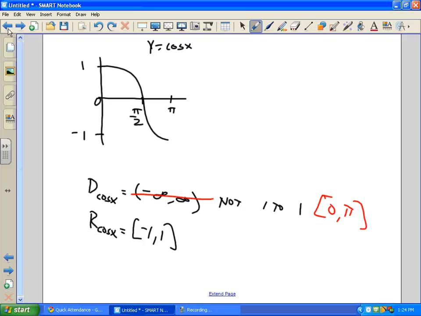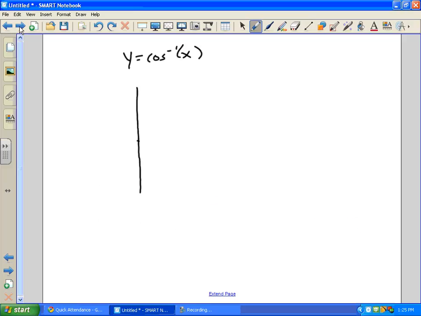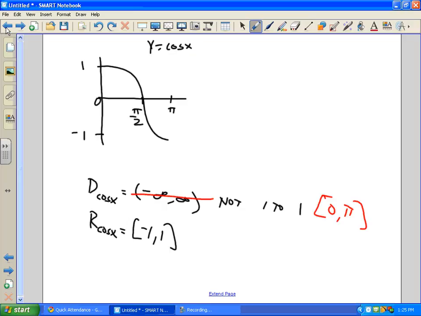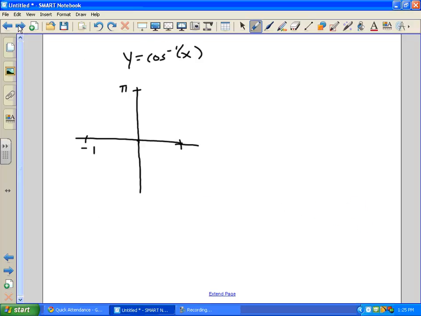And on the x-axis, we're going to go from -1 to 1. And on the y-axis, we're going to go from 0 to pi. Does that make sense? Because we know the domain of the inverse cosine here is -1 to 1, and the range is 0 to pi.